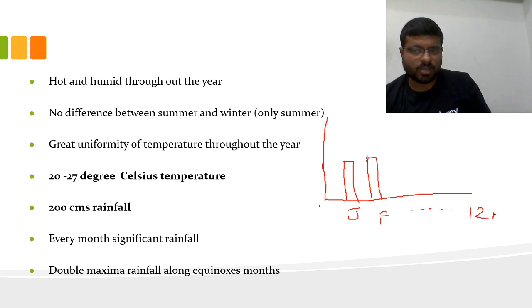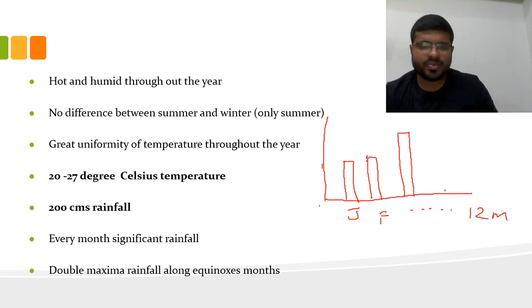For the entire 12 months, what you find is that around April, or post March, and post September, around October, the rainfall will be huge.